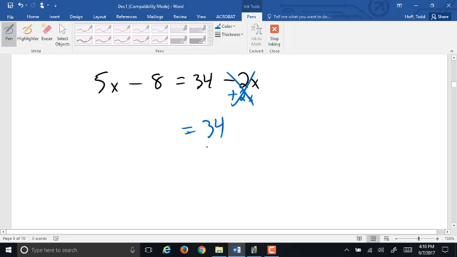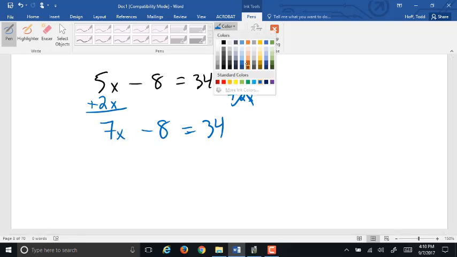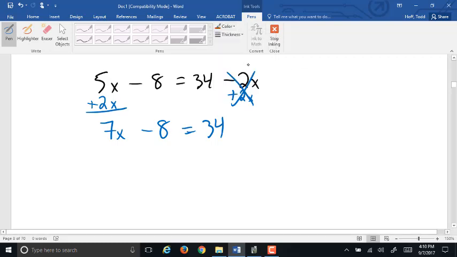What else do we have to do? Add 2x to the other side, and yes, we have to add it to the 5x. 5x plus 2x is 7x. So now we have 7, and of course the negative 8 is still there.